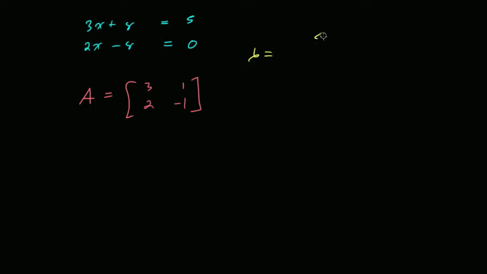Just in case you've forgotten, if you have something like 3x plus y equals 5, and 2x minus y equals 0, then you could write a system of equations where you make one matrix with the coefficients, so 3, 1, 2, negative 1. And then you make another matrix with the constants. So in this case, it would be 5 and 0.